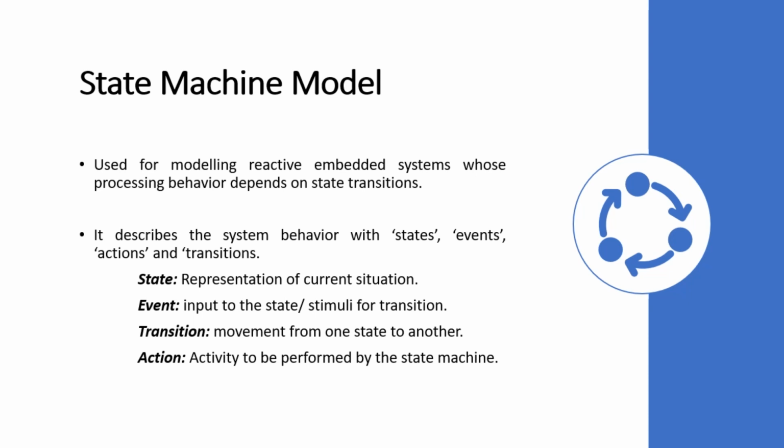So as a designer, we should be able to read and understand the English sentences, what the actual requirement is. Obviously you have the freedom to convert it into the required format. Maybe you want to convert it into an algorithm, you can do it, but usually the system requirements will be given in long English sentences. So let us consider such an example to explain the state machine model.